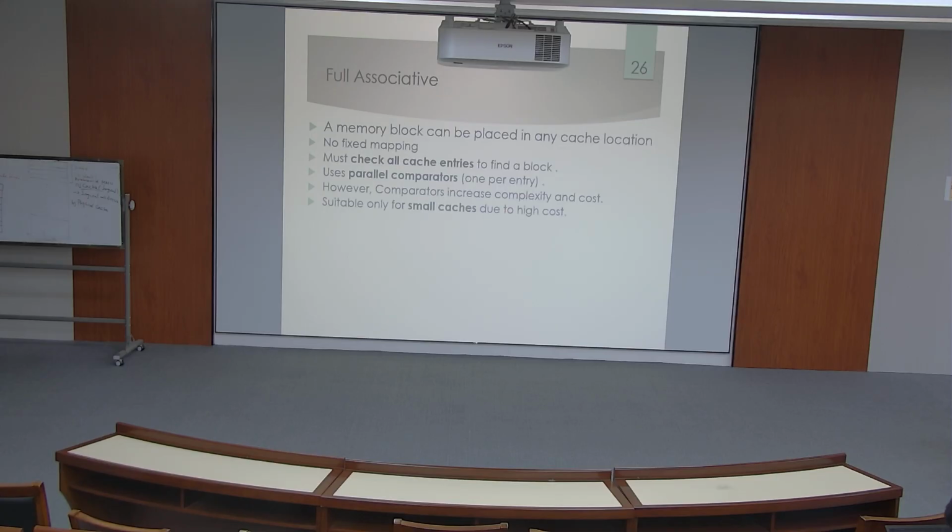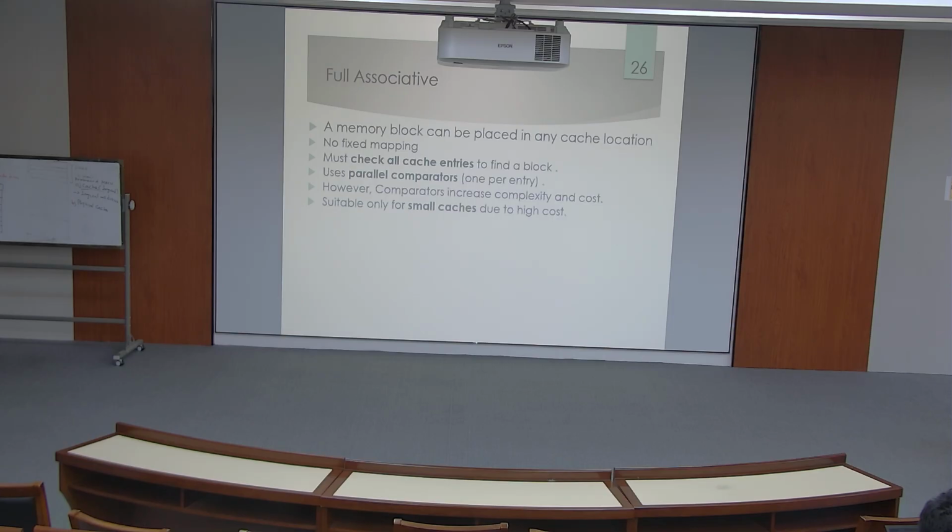Now the next cache mapping technique that we're going to learn today is the fully associative. In fully associative, a memory block can be placed in any cache location. That means there is no fixed cache mapping, so we must check all cache entries to find a block which is wanted.